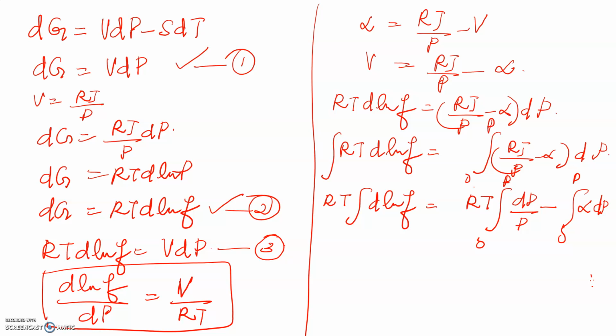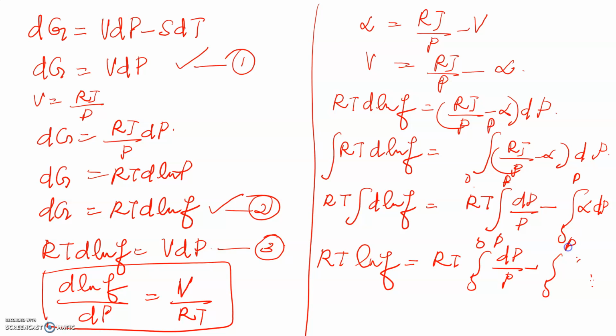So what is integral d ln f? It is ln f. So we have RT ln f is equal to RT integral 0 to P dP by P minus integral 0 to P alpha dP.